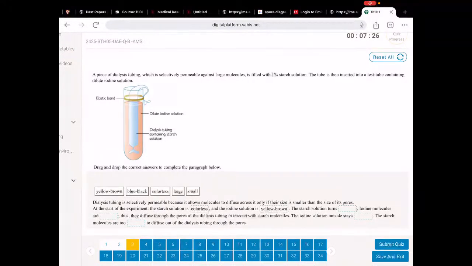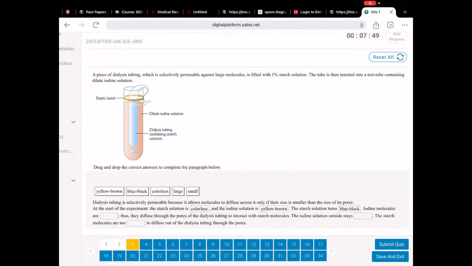When it reacts with starch, or when starch is present, it turns into blue black, and we've taken that before. So what does the starch solution turn? It turns into blue black, right?